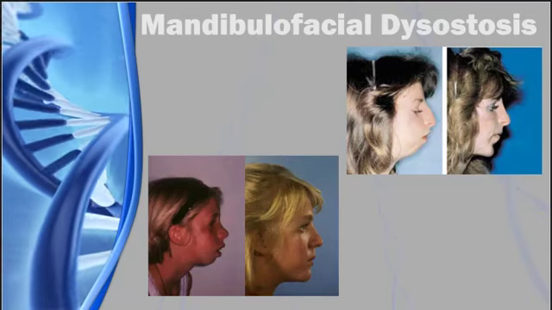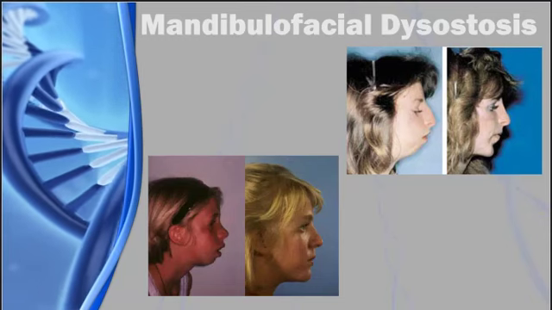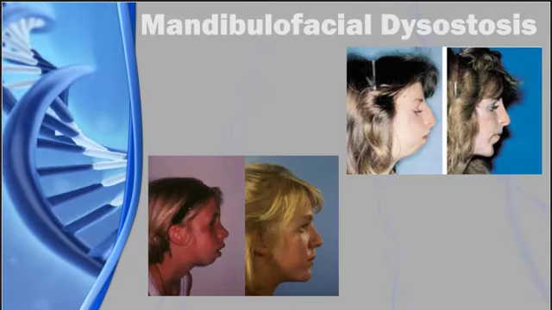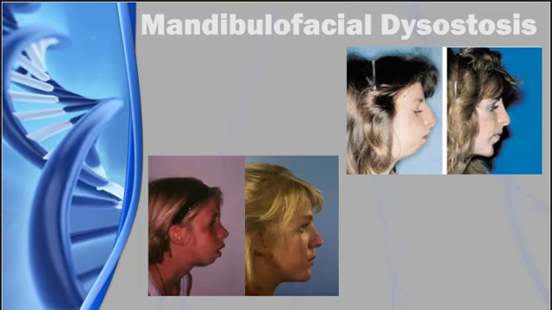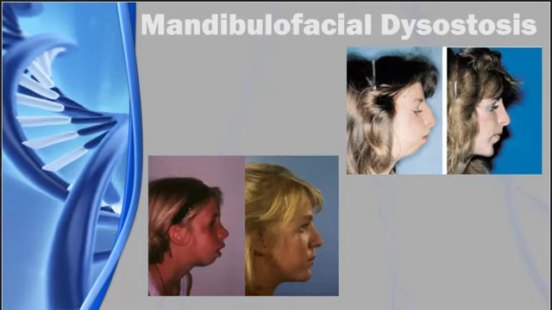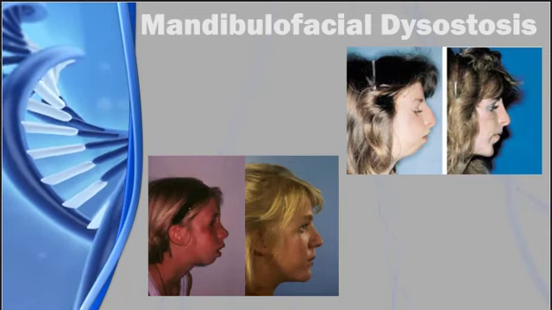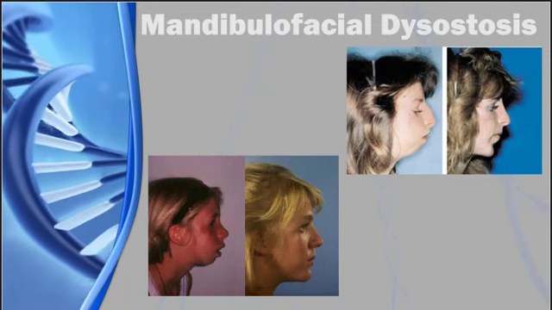30% of these patients will be born with a cleft palate. They can also have conductive hearing loss and low and deformed ears. They will have a high palate, malocclusion, widely separated teeth.